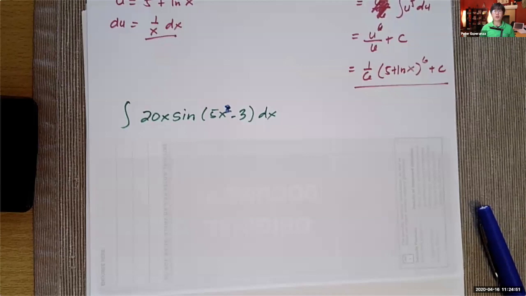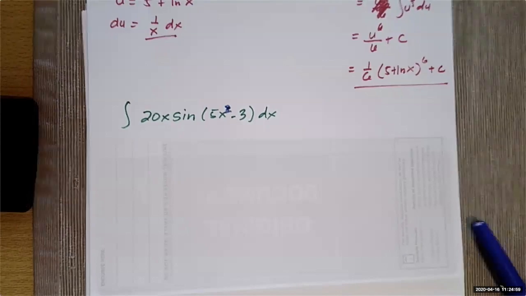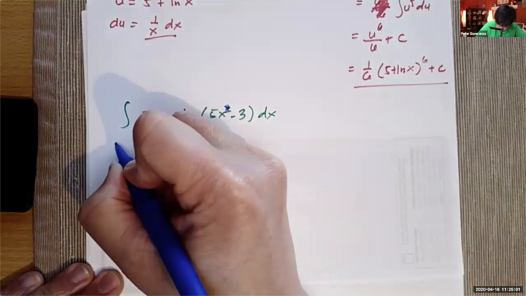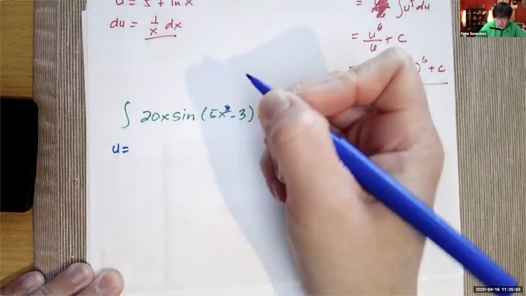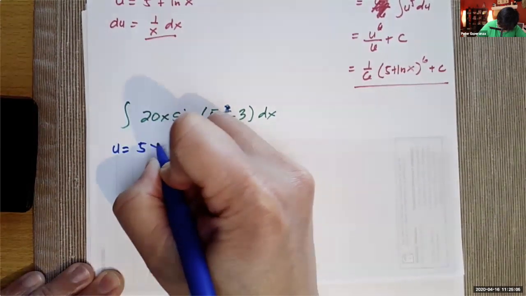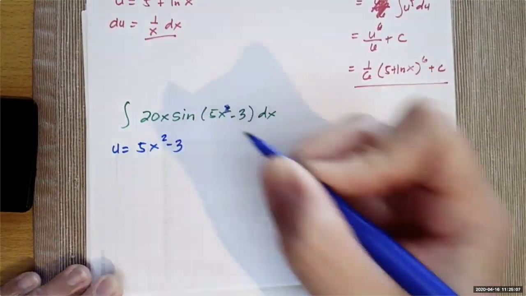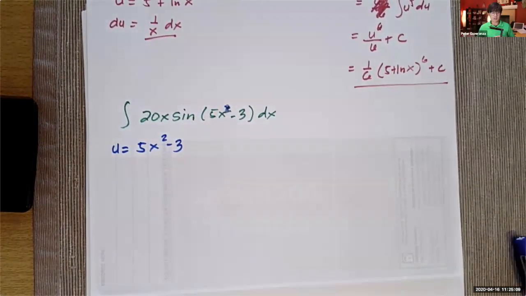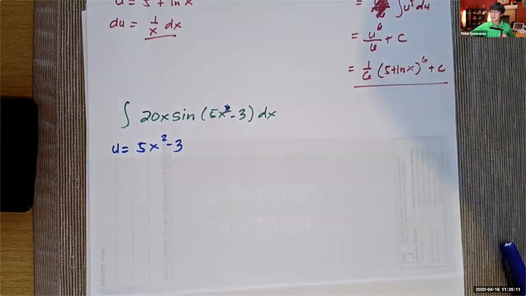What is your u function in this problem? 5x squared minus 3. Yes, that will be your u. Okay. Now you're on your own.